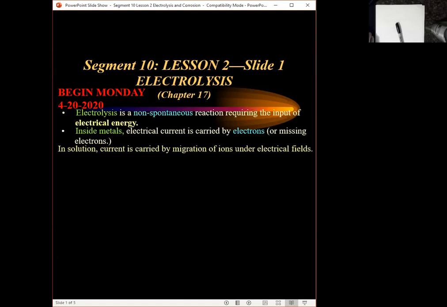In solution, though, current is carried by the migrations of ions under the electric field of the electrodes. The positive ions, cations, in the solution will be attracted to the negative electrode, and likewise the negative ions attracted to the positive electrode.